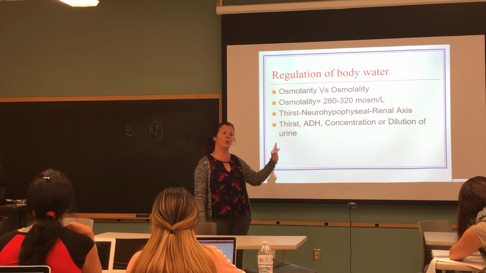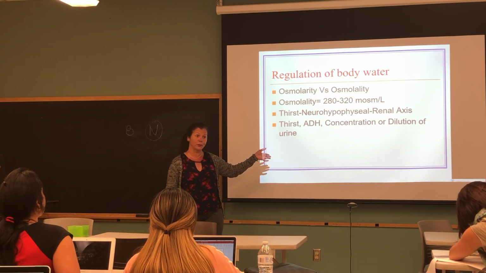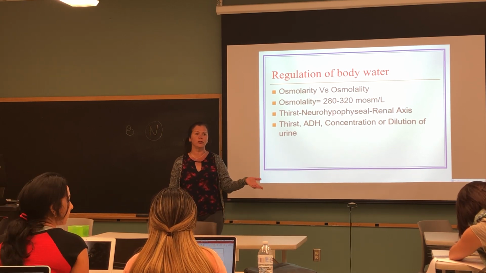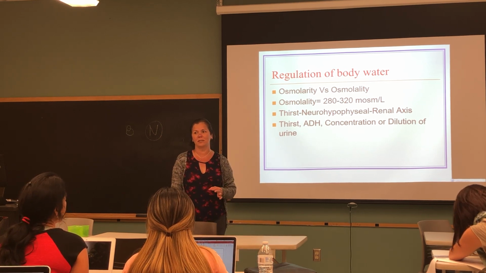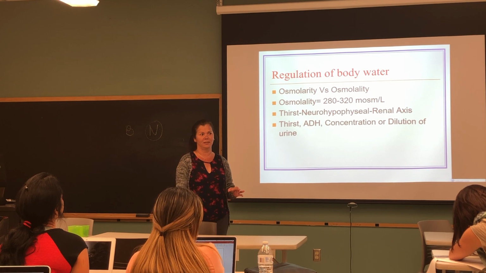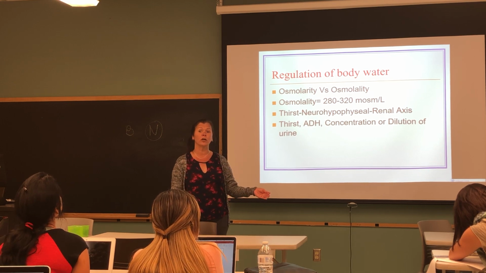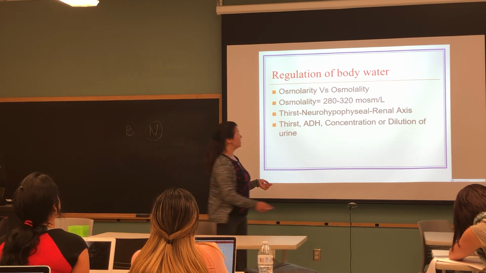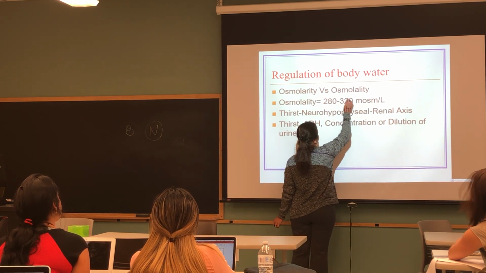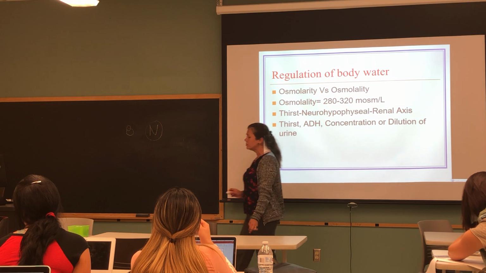Because even though the PowerPoint from your book says up to 320, the guideline only accepts up to 296. So when you have it higher than 300, you already have a high osmolarity, okay? So it's raised at 320 in the book, and for me, 300, okay?